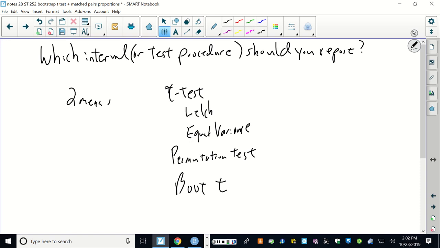There should be a consistency between reporting confidence intervals or p-values, so that if it's in the interval, it's not rejected. But if it's outside the interval, outside of what you're testing about, then it should be rejected. The permutation test is the one that they like the best if variances are equal.